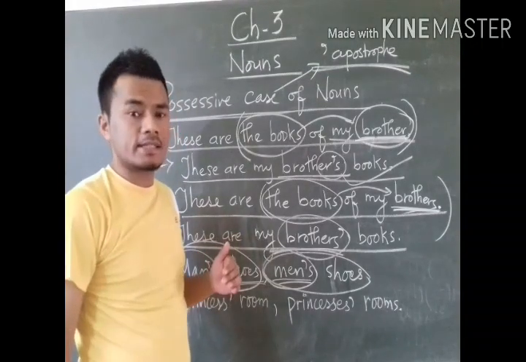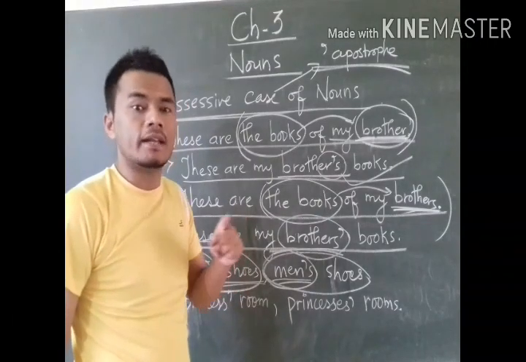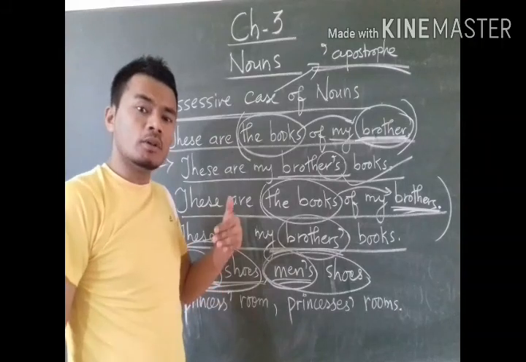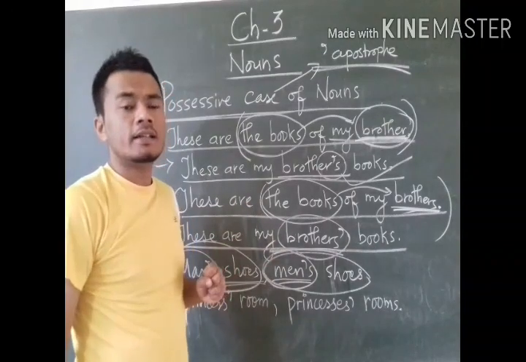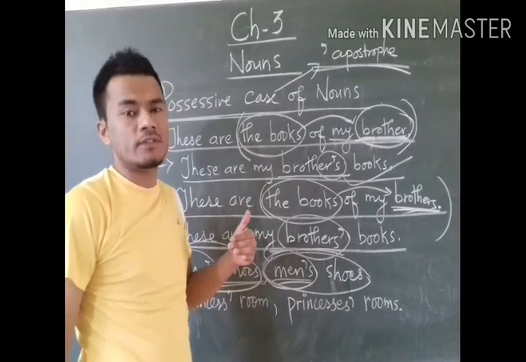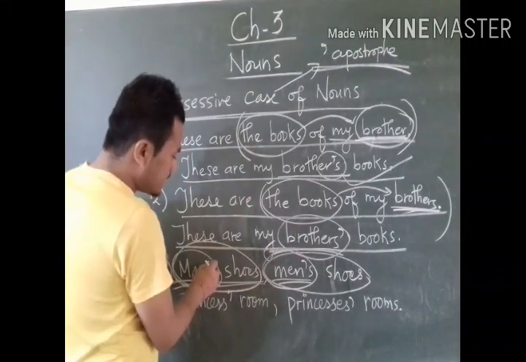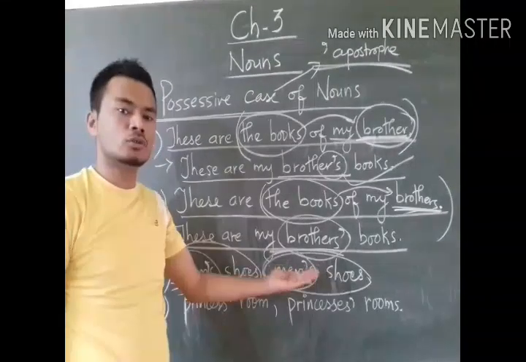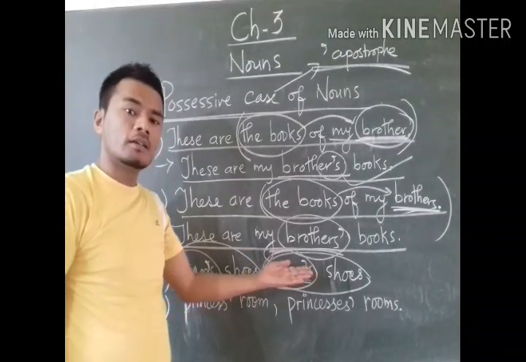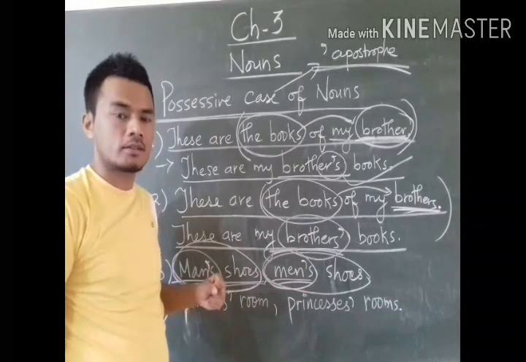Because if the plural nouns end with n, then both singular and plural use apostrophe s, in the singular possessive case and also in the plural possessive case. Like man's shoes, men's shoes.